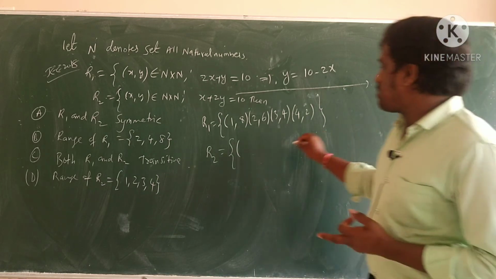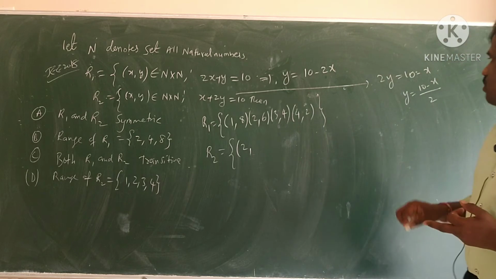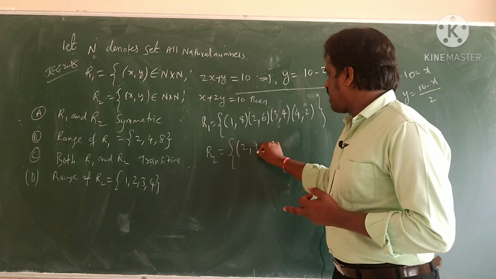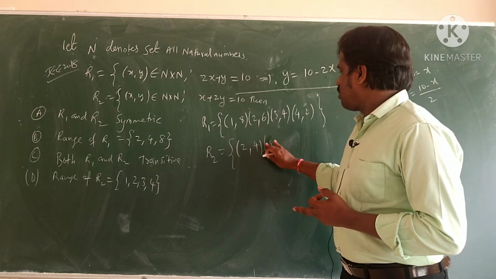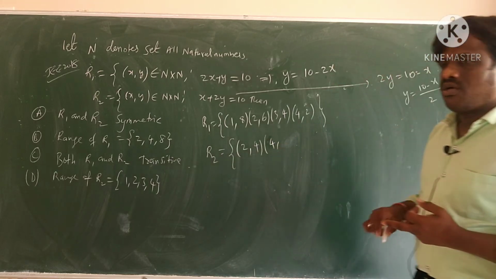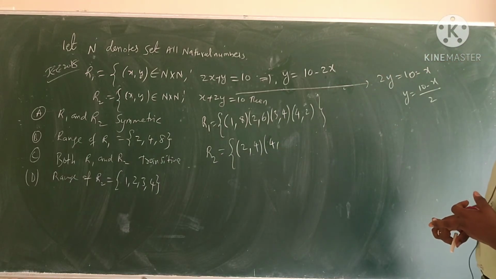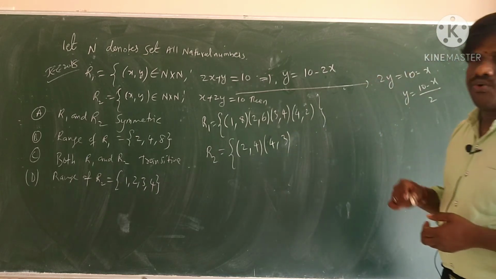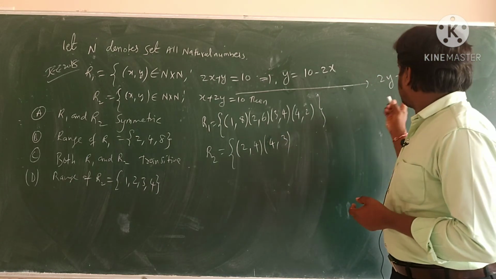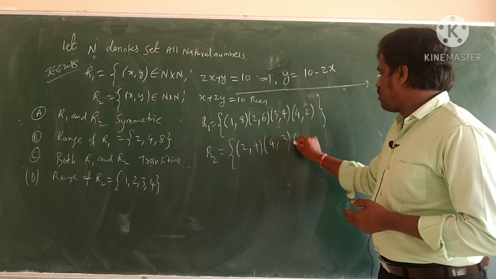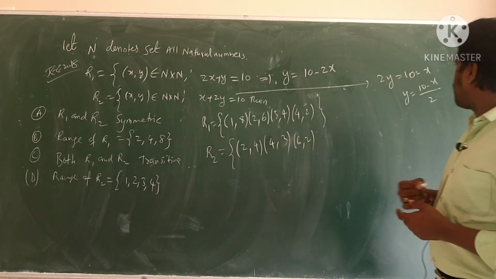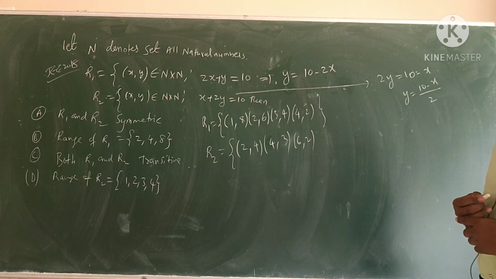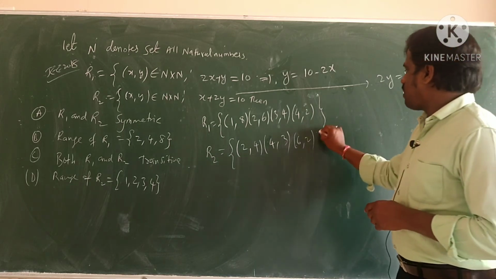So can I take x equal to 2? 2 means 4. Can I take x equal to 3? Can I take x equal to 4? 4 if I take, how much I get? 3. Next 5? No. 6? 6 means 2. Can I take 8? 8, what I get here? 1.